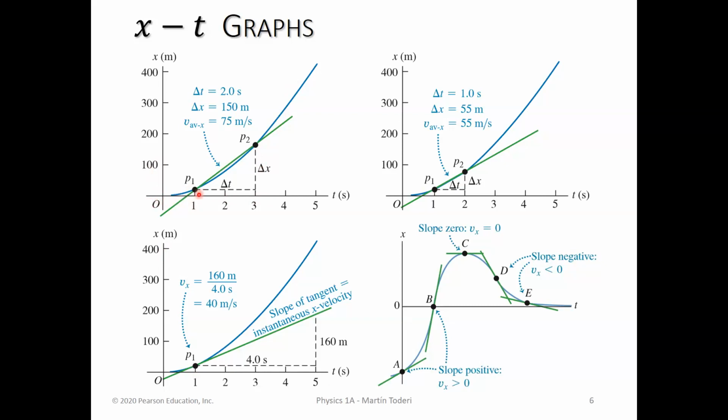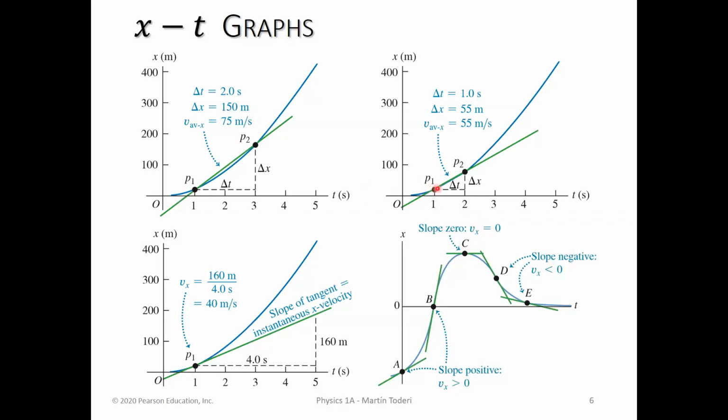And if we take the average speed, it will be, as we said before, delta x over delta t, and that will be the slope of the straight line defined by P1 and P2. And let's say we have some numbers here. Okay, we can calculate the average speed as 150 over 2. That's 75 meters per second.